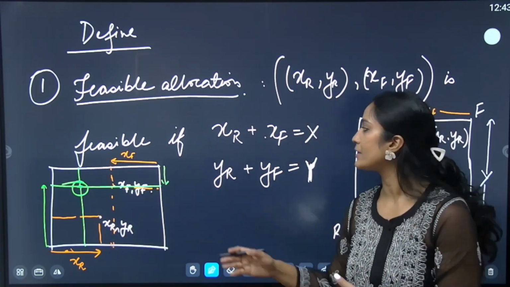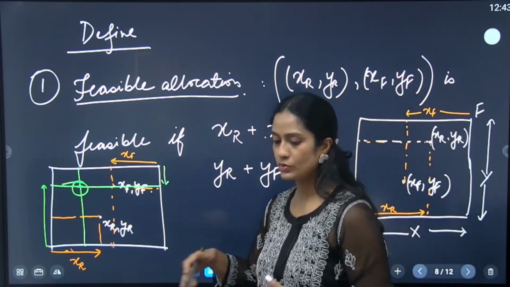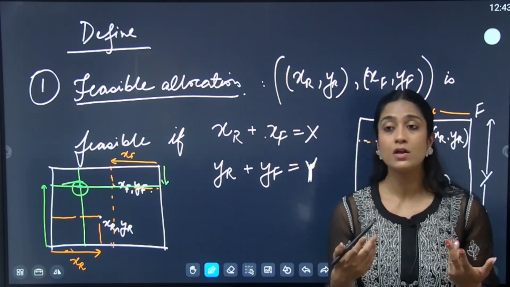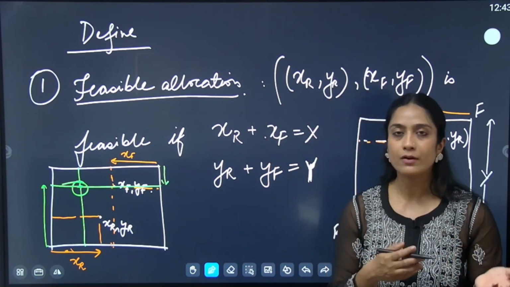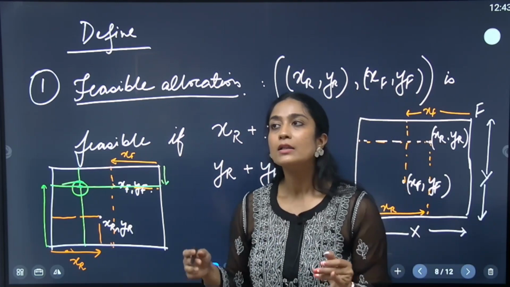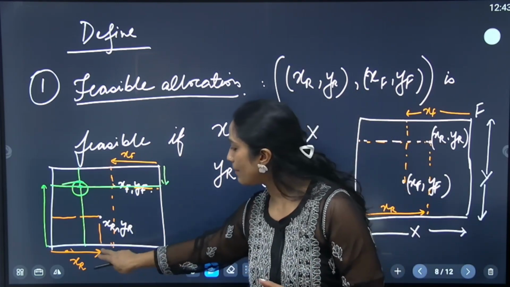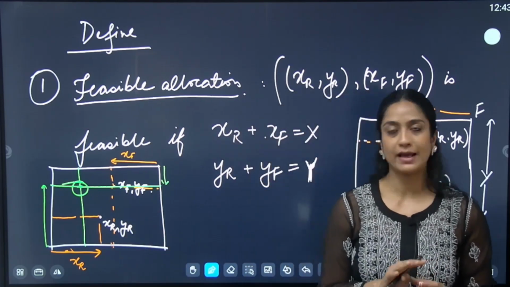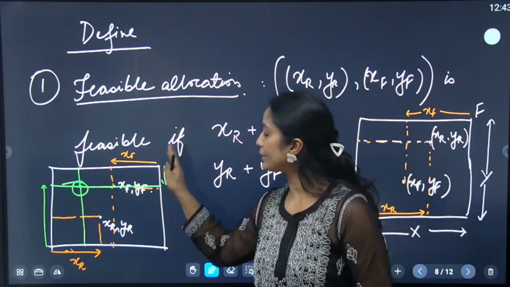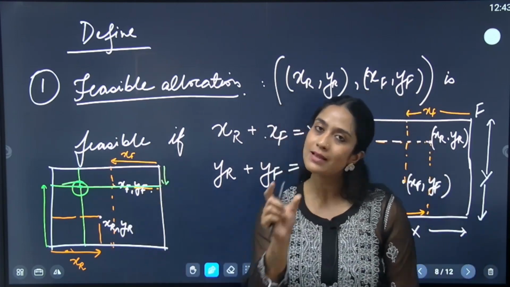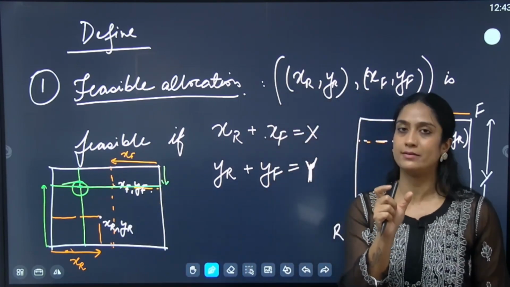The reason is that suppose this is an allocation and you're considering whether or not it can be Pareto optimal. The fact is that there is some leftover X in this allocation, right? Even after things have been allocated to Rahul and Fiza, some of the bread remains, right?